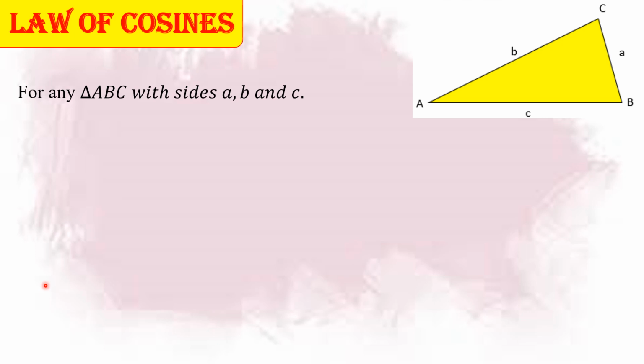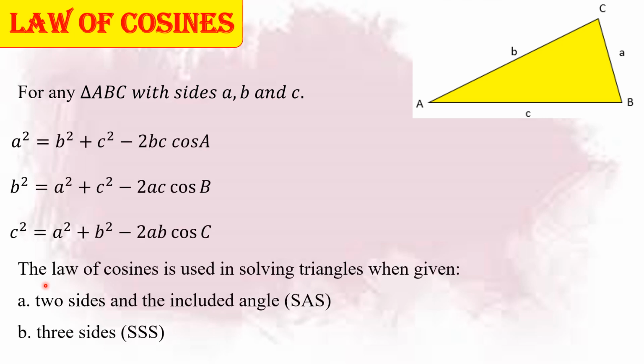For any triangle ABC with sides a, b, and c, if we are looking for the side a, we will be using this formula: a squared is equal to b squared plus c squared minus 2bc times cosine A. If the side b is the unknown, we will be using this formula: b squared is equal to a squared plus c squared minus 2ac times cosine B. And if the side c is the unknown, we will be using this formula: c squared is equal to a squared plus b squared minus 2ab times cosine C.